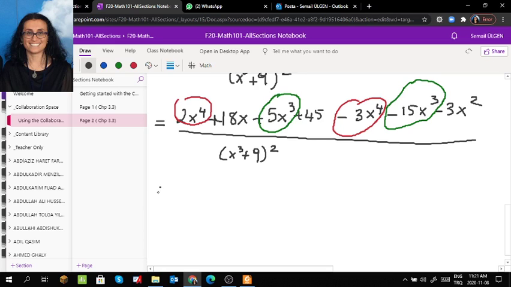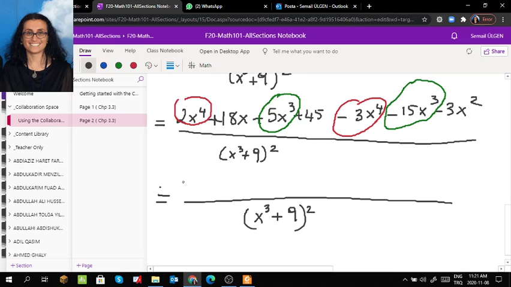But as I told you, you don't have to do it unless I ask you to. Usually I'm not going to ask, but I'm just doing it in case you would have to do it. Minus x to the 4, and then minus 10x cubed, minus 3x squared plus 18x plus 45 over this expression.